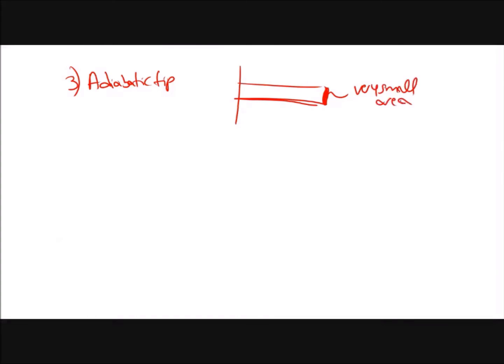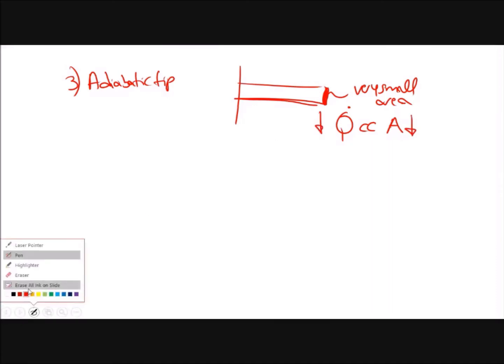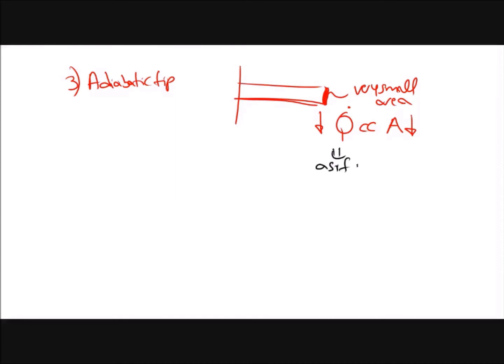If the area is very small, the heat transfer goes down, because heat transfer is proportional to area. Then it becomes as if insulated. If it is insulated at the tip, then the temperature cannot change here. The temperature doesn't change here, and dT by dx is 0. This is the adiabatic tip.